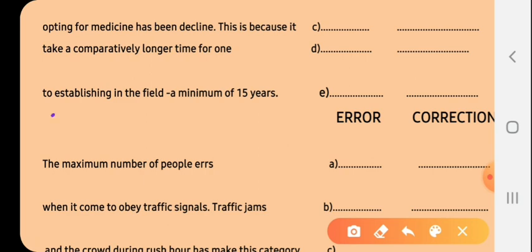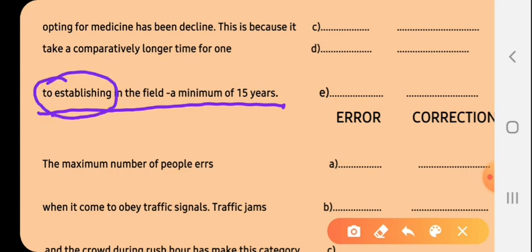To establishing in the field a minimum of 15 years. Here, if you notice the sentence, this is because it takes a comparatively longer time for one to establishing in the field a minimum of 15 years. Establishing, to is followed by the first form of verb.